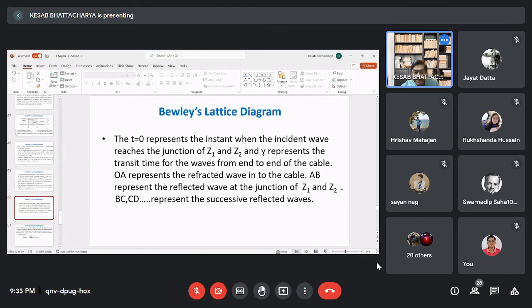That is, any wave entering the cable will reach the other end of the cable in time gamma. Now let OA represent the refracted wave into the cable. AB represents the reflected wave at the junction of Z1 and Z2. BC, CD, etc. represent successive reflected waves.